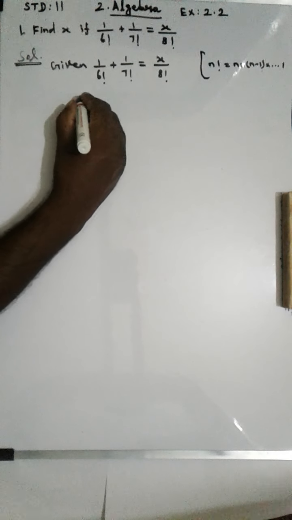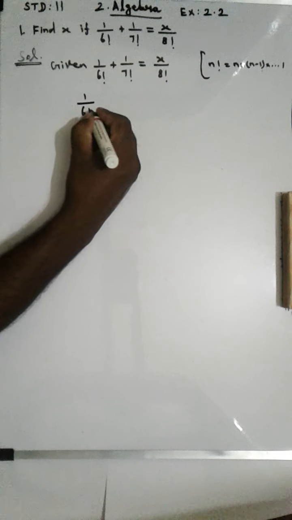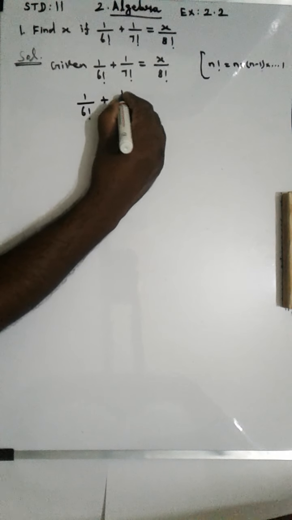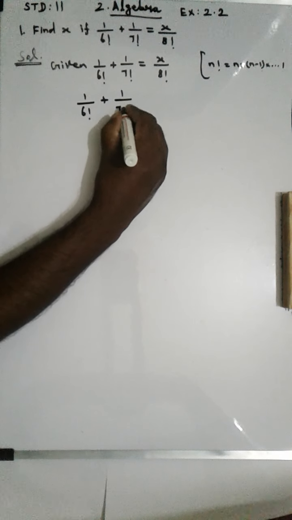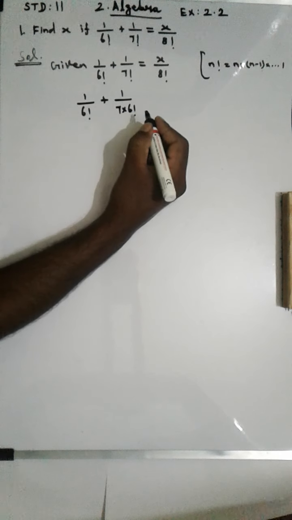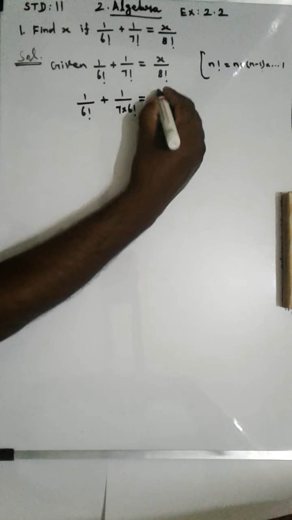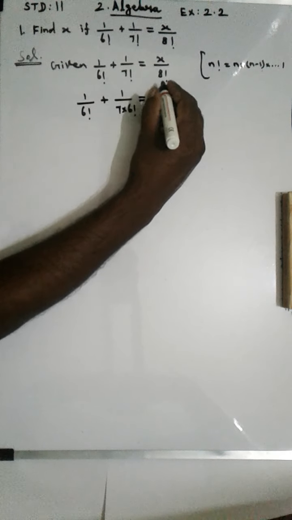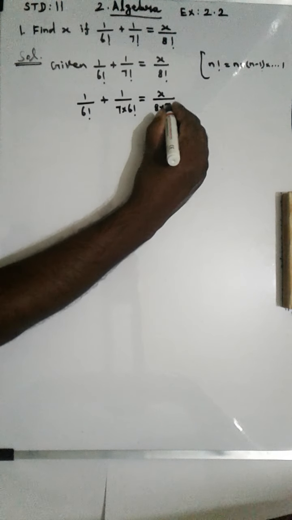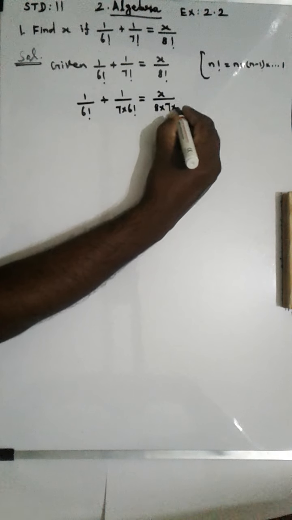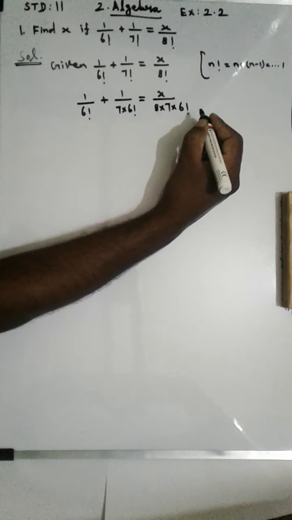So we should take 1 divided by 6 factorial plus 1 divided by 7 into 6 factorial equals x divided by 8 factorial. We should write 8 into 7 into 6 factorial.